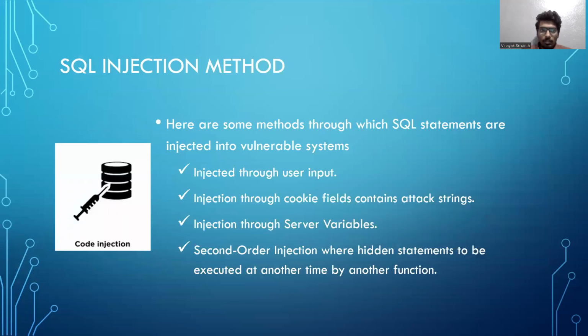If we look at the SQL injection method, malicious SQL statements can be injected into vulnerable systems through user input, through cookie fields containing attack strings, through server variables, and also second order injections, where hidden statements can be executed by another function.